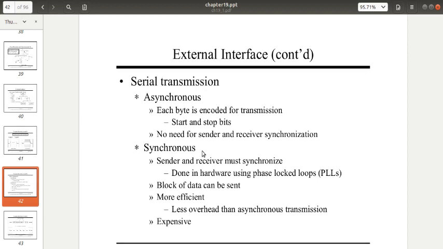Remember this: for synchronous communication, the overhead required for sending data is reduced, and for asynchronous communication, more overhead is required because there is no synchronization between the transmitter and receiver. The other thing is that asynchronous receivers are much cheaper to maintain. It's easier to implement, but synchronous receivers are not like that. They require more hardware and are more expensive, but much more efficient compared to asynchronous.